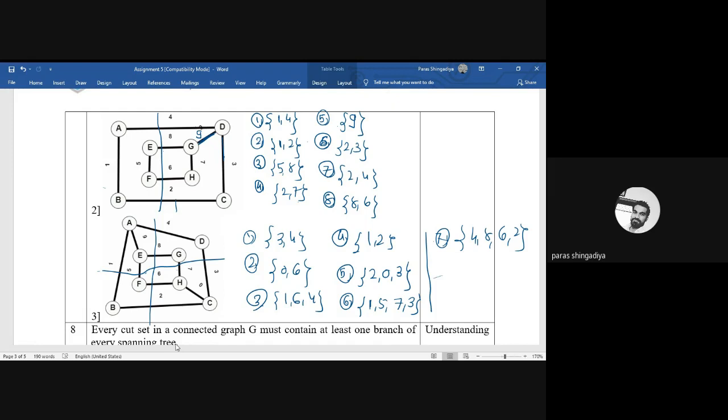You can find more than 5 examples for any graph. It depends on how many vertices and edges there are, and which type of complexity is given. Based on that we can predict such cut set examples. Is it clear? Any confusion in this type of question?